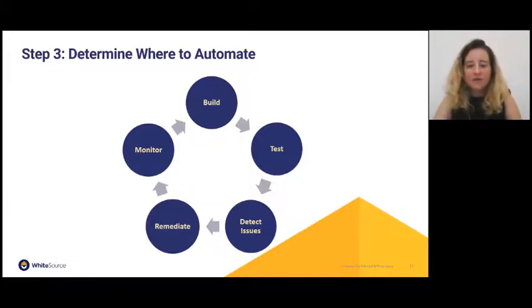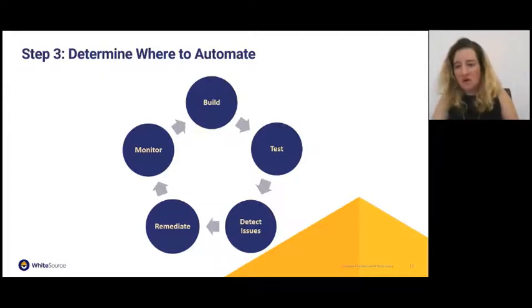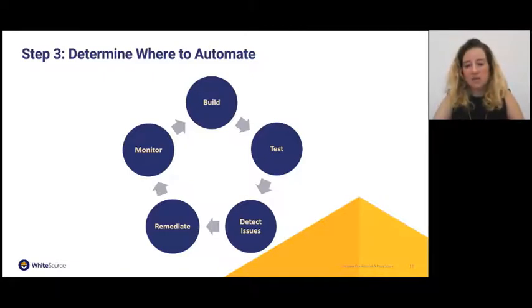So again, the first point to start would be probably for most companies in the build stage. So failing builds based on known vulnerabilities can be a very good start if you're already using automated tests in the build stage. And then moving on to testing, detecting issues, remediating, and monitoring as you go along.